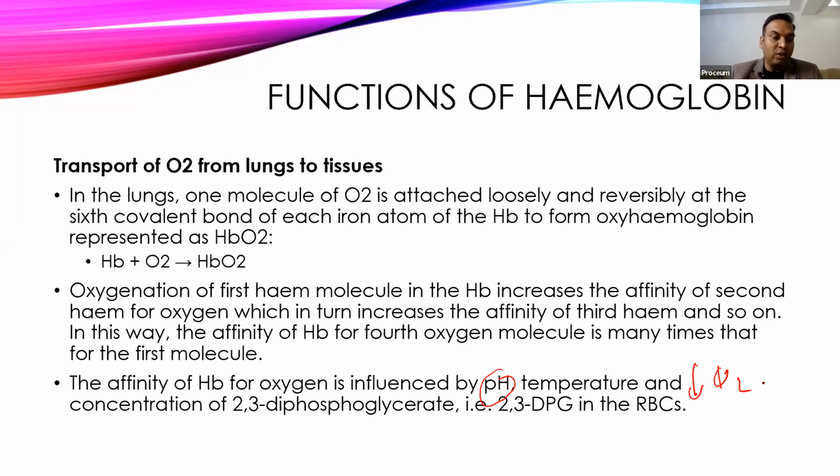And now कहाँ पे pH low होता है? In the lungs the pH is higher because oxygen is there, and pH is directly related to the carbon dioxide concentration.